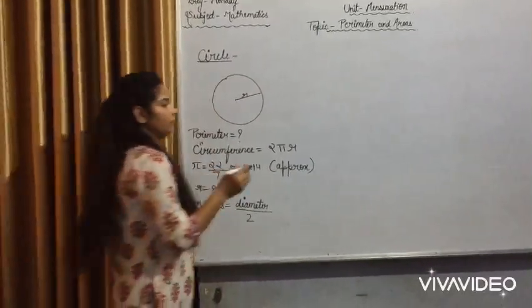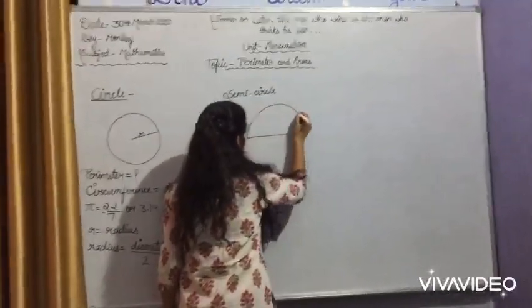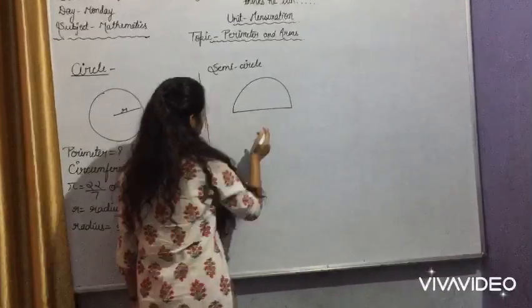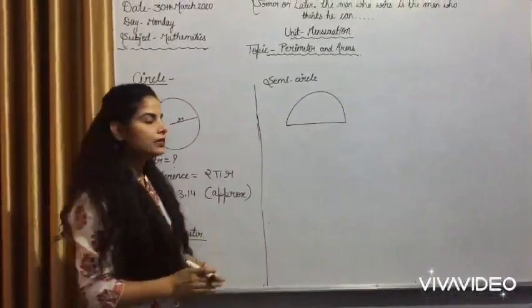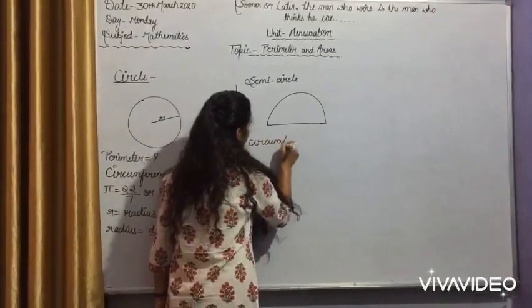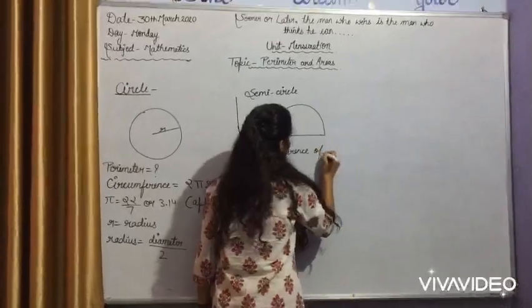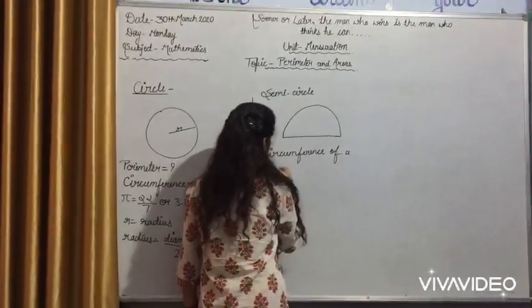This is circle. Coming to the next figure, which is semicircle. What is a semicircle? It is also a part of the circle. It is half of the circle. How do you take out the circumference of a semicircle?